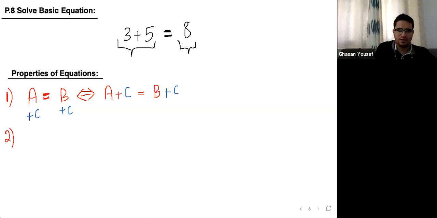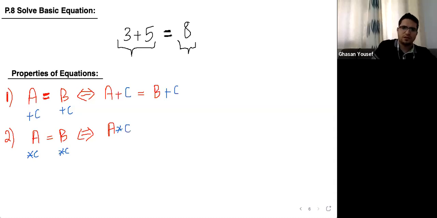Property number 2, the same thing for multiplication. If I have an equation A equal B, and I would like to multiply both sides by the same quantity C, I will get another equivalent equation: A times C is equal to B times C. But here we should know the number C must not be equal to 0.